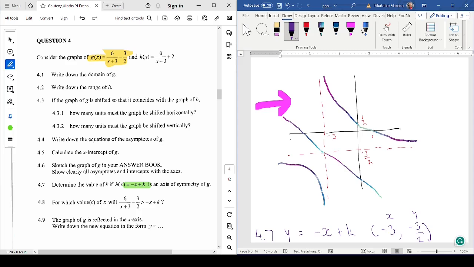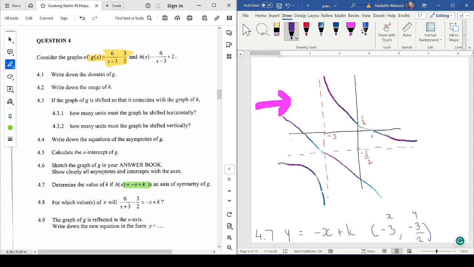So if we're coming from negative infinity, we can see that right now the symmetry line is greater than the graph, okay? But from this point of intersection, now we can see that after minus 3, okay, after this asymptote of minus 3, we can clearly see that the graph is now on top, which is greater than the line.